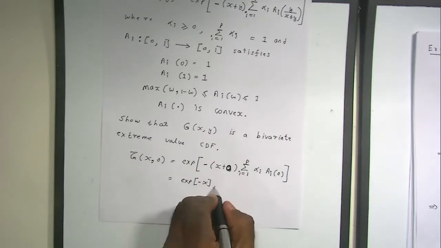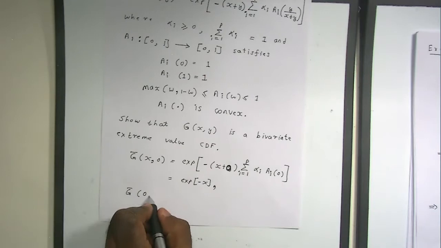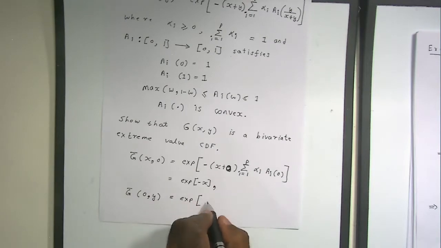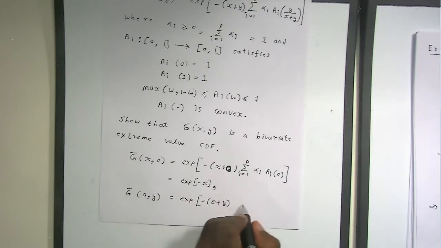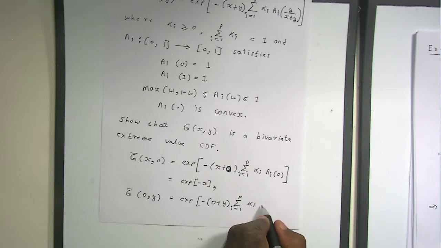And similarly, g bar at 0 comma y will be the sum over 1 to p of alpha I. If x is 0, then AI is 1.